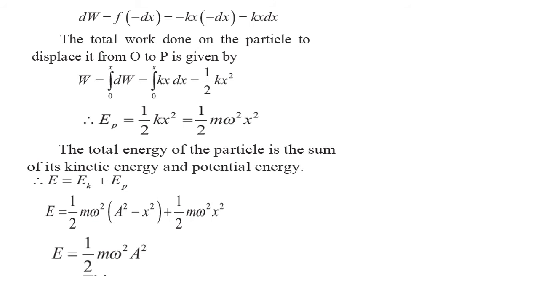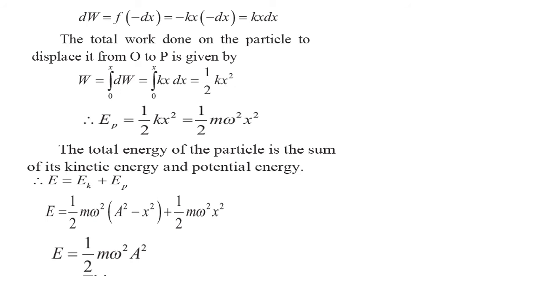When you talk about total energy E, it is kinetic energy plus potential energy. Kinetic energy is 1/2 m omega square into bracket a square minus x square, plus potential energy, which is 1/2 m omega square into x square.